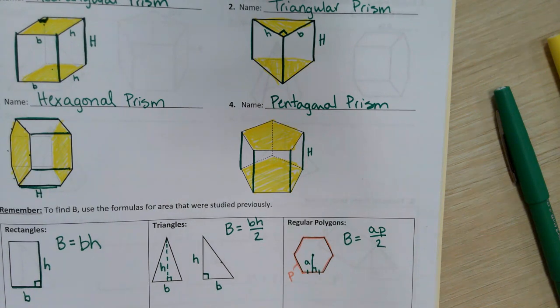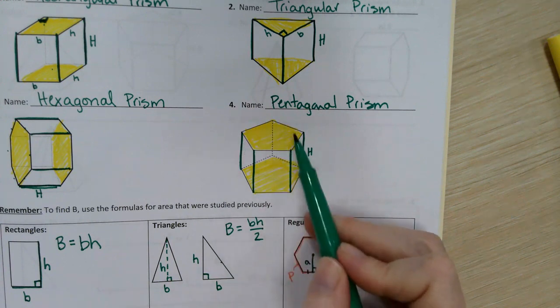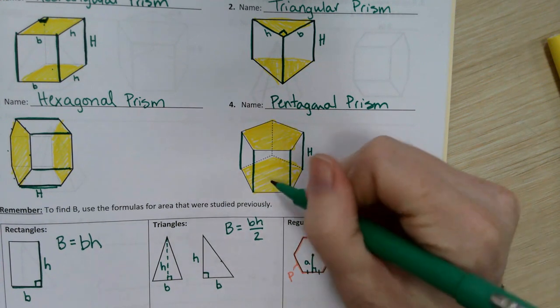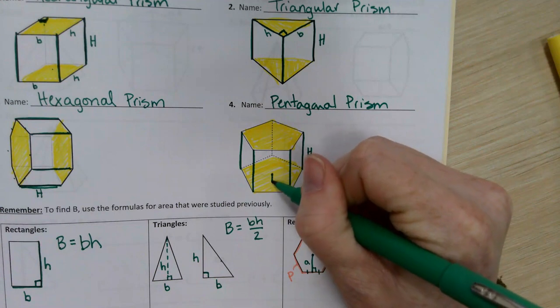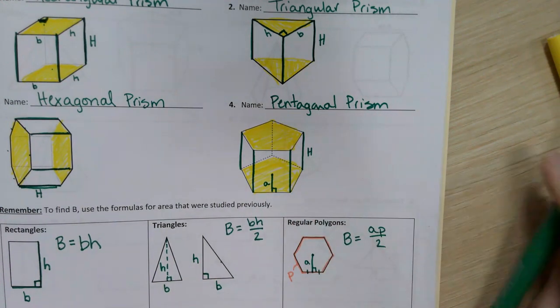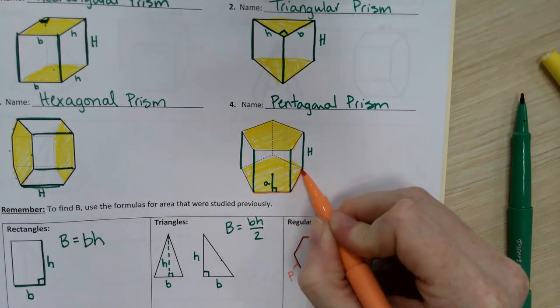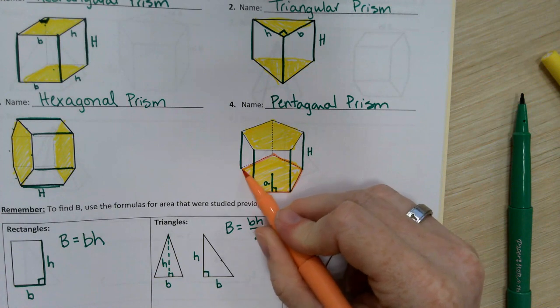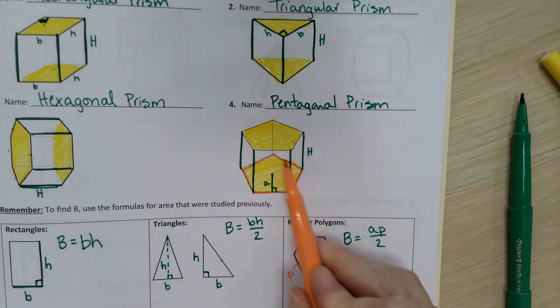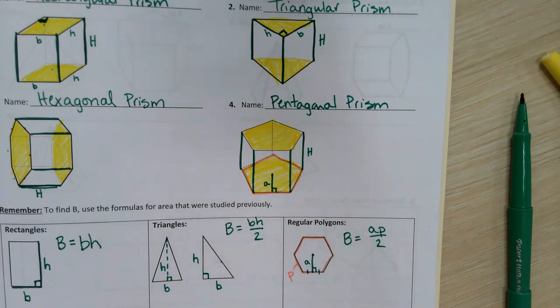Okay? So if we're looking at these prisms that have regular polygons as faces, we would have an apothem that's laying flat on the bottom or flat on the top of that shape, and then we would have this distance all the way around the shape that would be the perimeter. So we would just be focusing on features for the bottom to find that capital B or features from the top to find that capital B.